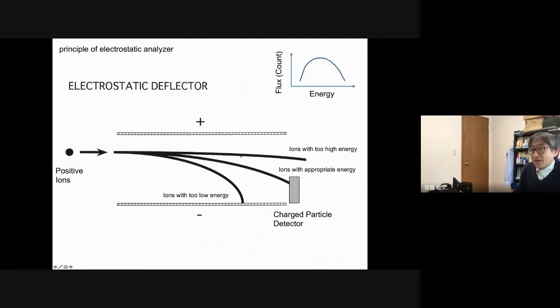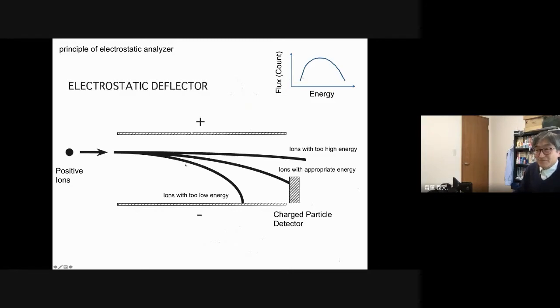If we put a detector here that is sensitive to charged ions or electrons, then depending on the voltage applied to these two plates, the ions with appropriate energy are detected by this detector. So by changing the voltage applied to these two plates, we can measure the energy spectra like this.